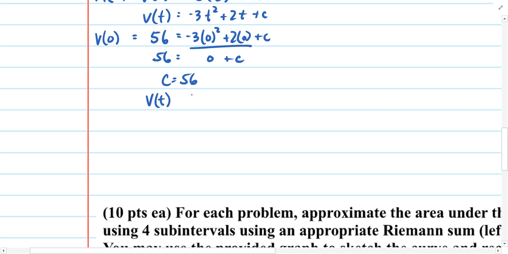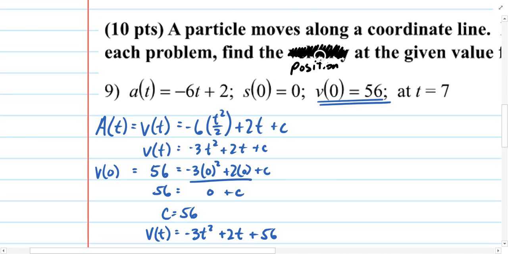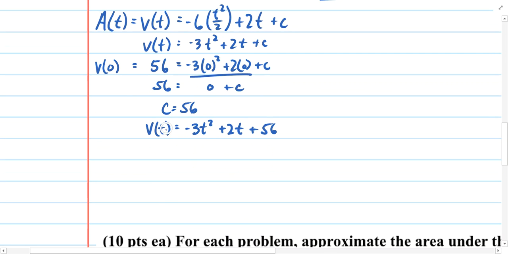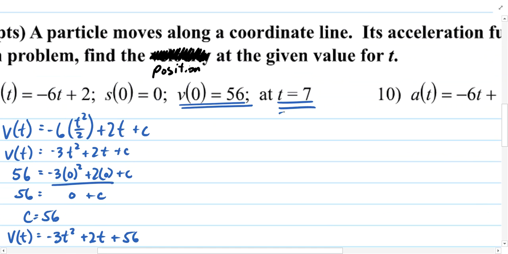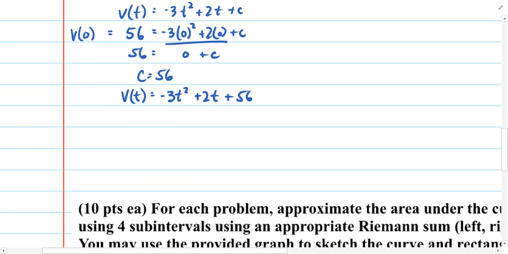So when written in totality, the velocity of this particular particle is negative 3t squared plus 2t plus 56. Now our goal is to find position. If we were completing this problem to find the velocity, well, we've got the velocity function now, and we can substitute t value of 7 into the velocity function and be done.